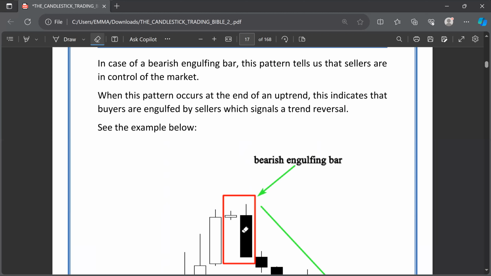Now, when this pattern occurs at the end of an uptrend, this indicates that buyers are engulfed, meaning buyers are overpowered by sellers, which signals a trend reversal, right? So when you say a trend reversal, a reversal means whatever previous direction the market was moving, either up or down, has been changed, redirected.